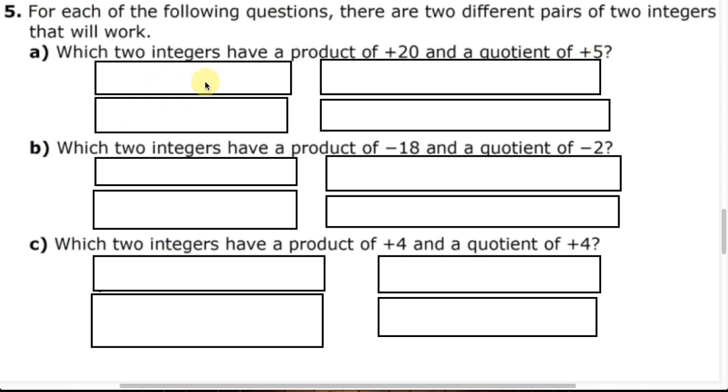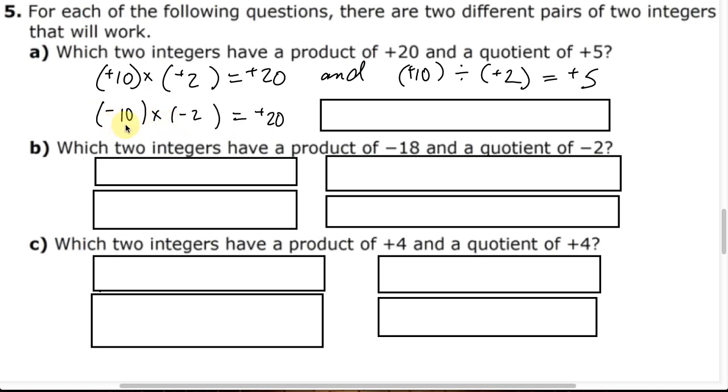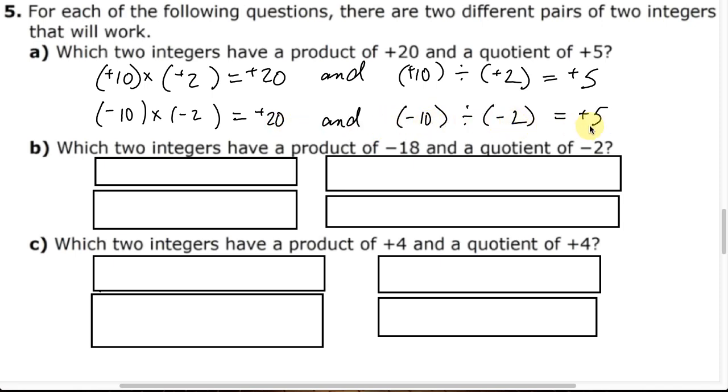So, here's one possibility. 10 times 2 is 20, and 10 divided by 2 is 5. The other possibility is to do negative 10 times negative 2, that's also positive 20. And notice that negative 10 divided by negative 2 is also positive 5. So there are your 2 answers.